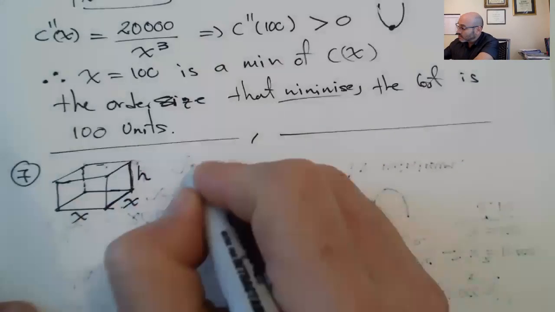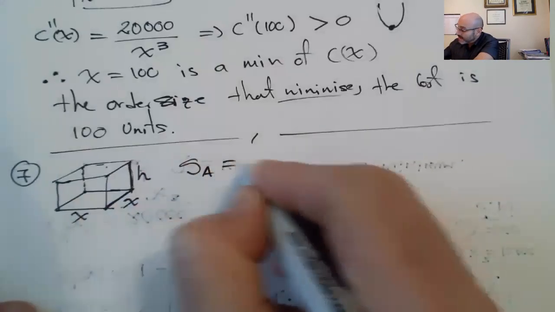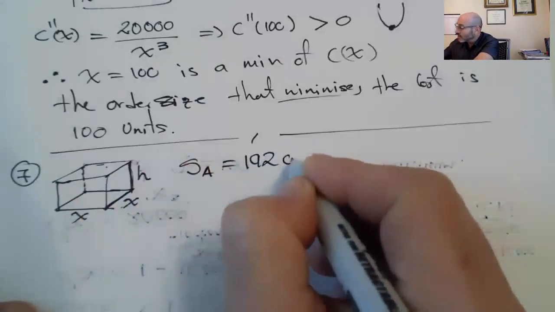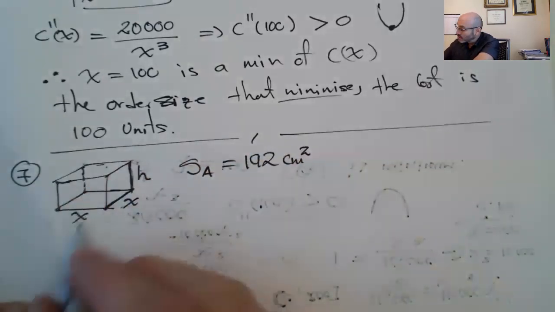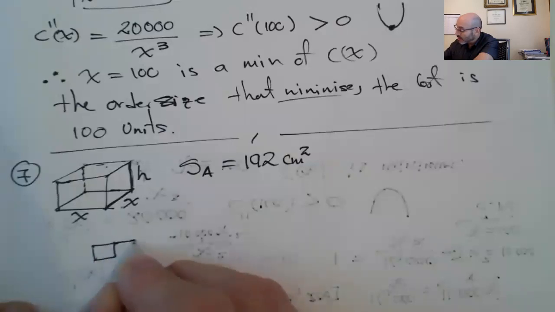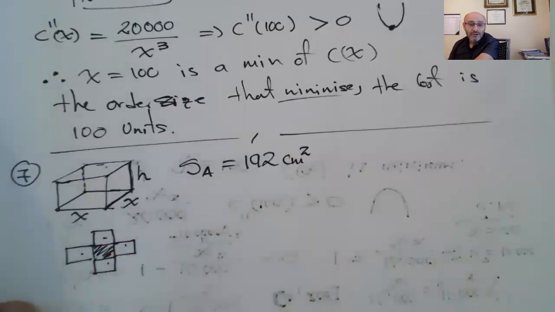Now they say that the surface area is 192 centimeters squared. Since this is an open box, if you were to open that box, you will get something like this, where this is the base, and then you have 4 sides only. Remember, there is no top.